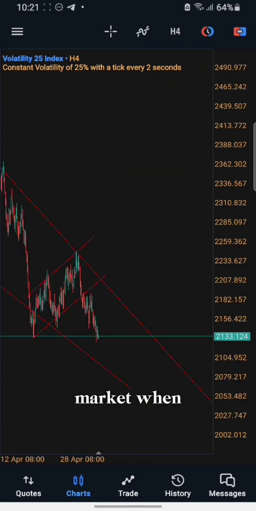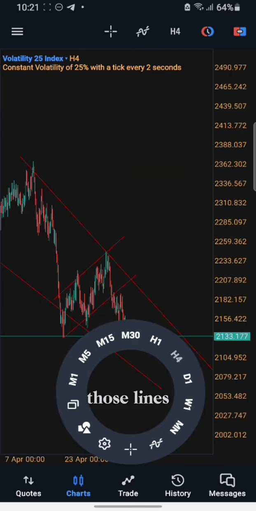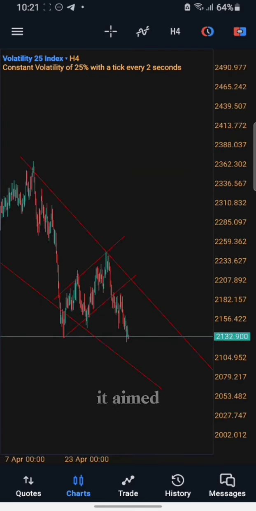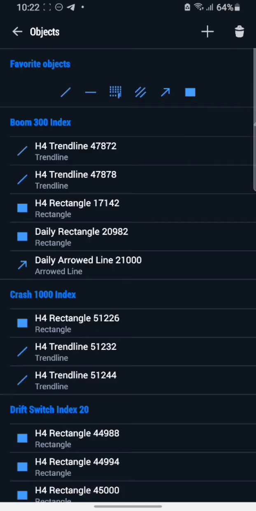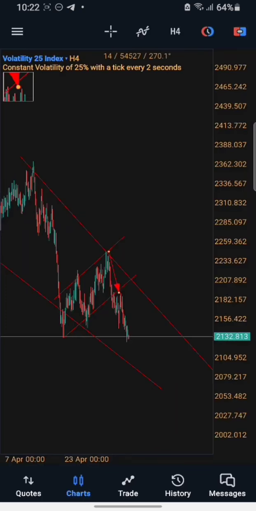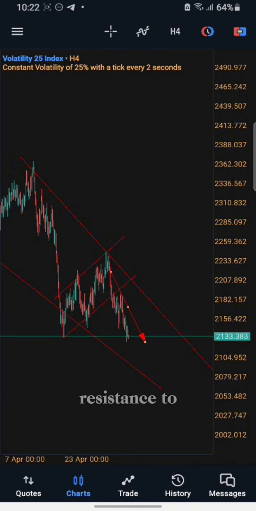When the market broke those lines, it aimed for that second take profit. This is the kind of setup that is usually done by Exness, whereby the distance from the resistance to the support is the same distance that he usually uses to measure the take profit that he's going to put.